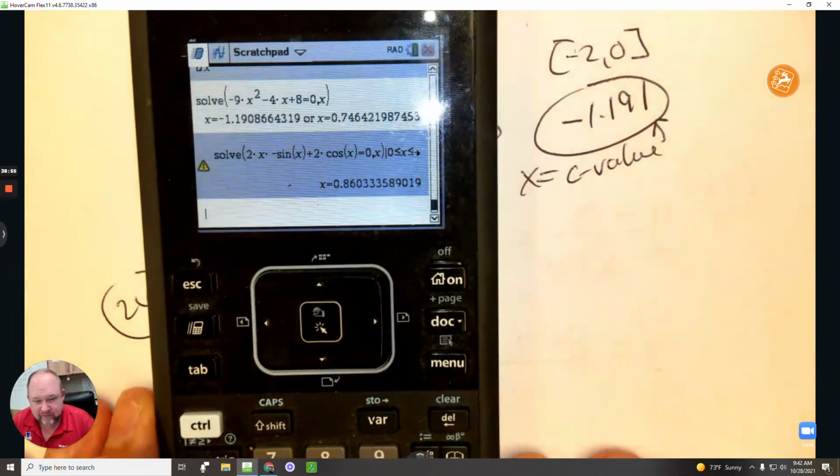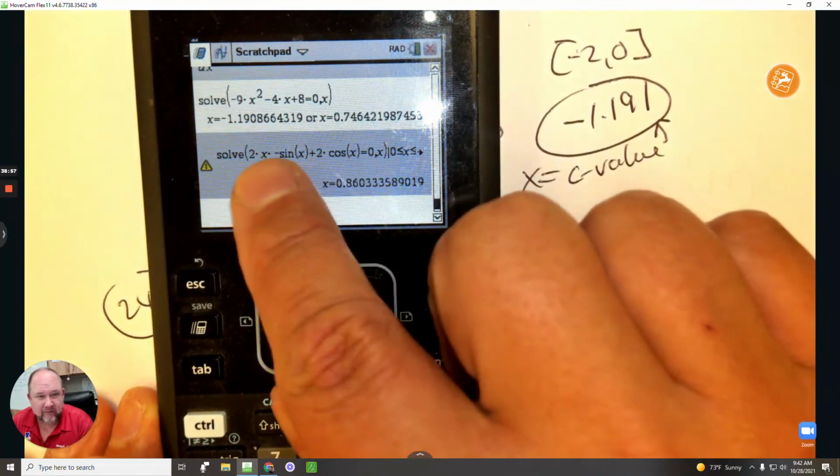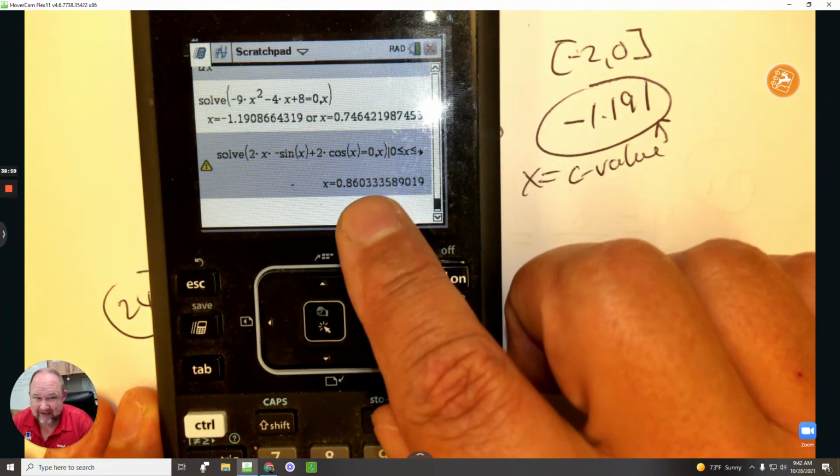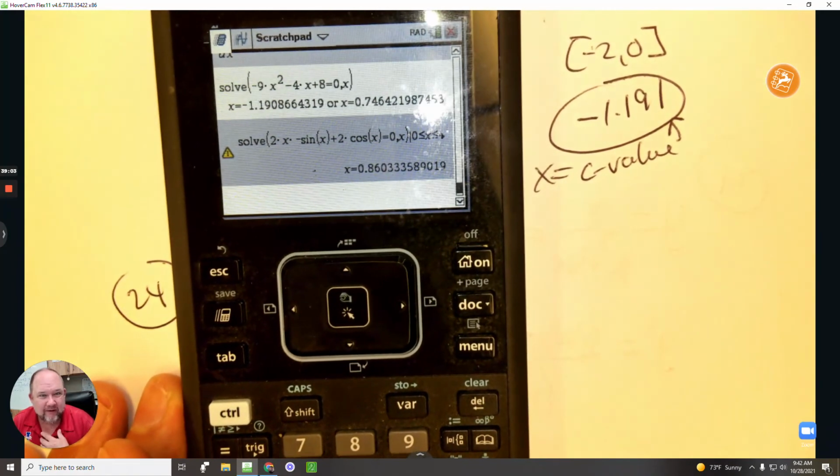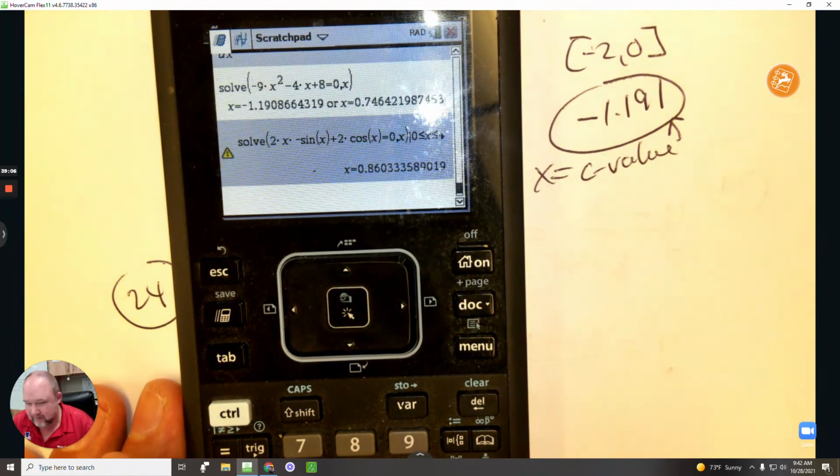Having the skill to put a domain restriction in for a trig equation is a big skill to have. 0.860. How would I know if that's a maximum or a minimum? Remember the little trick I did before? I would take the second derivative.